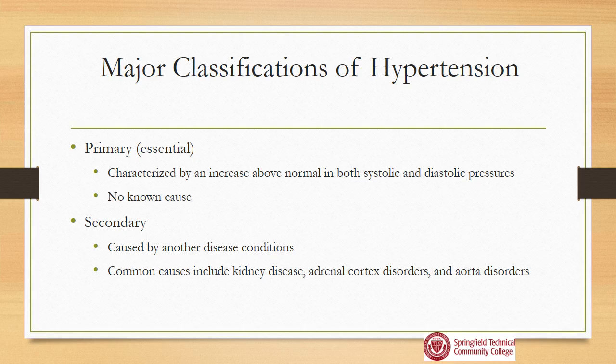And secondary hypertension is caused by another disease condition. So like if you have an adrenal tumor that's causing you to have elevated blood pressure, it can be caused by renal artery stenosis. It can be caused by kidney disease. There are many other reasons that you could have secondary hypertension, but the most common is primary, otherwise known as essential hypertension.